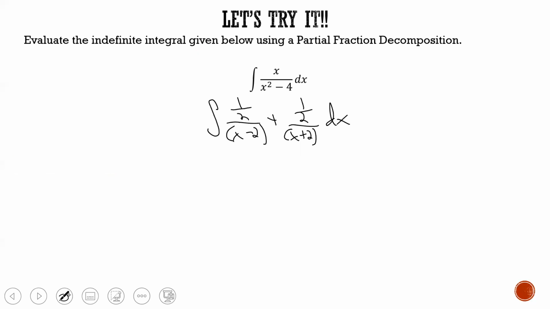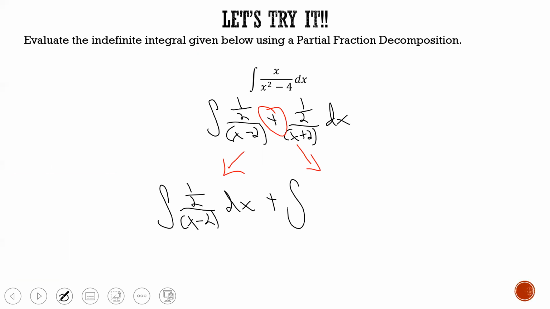So first of all, because we have two terms being added on the inside of the integral, we can break this into two integrals. So we can do the integral of 1/2 over x minus 2 dx plus the integral of 1/2 over x plus 2 dx. And then I'm not going to go through all of the steps from here, but notice in both integrals we can factor out the constant.